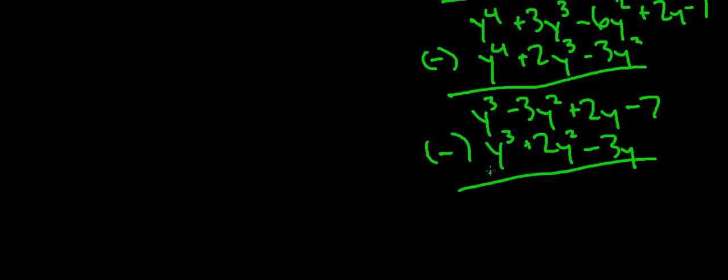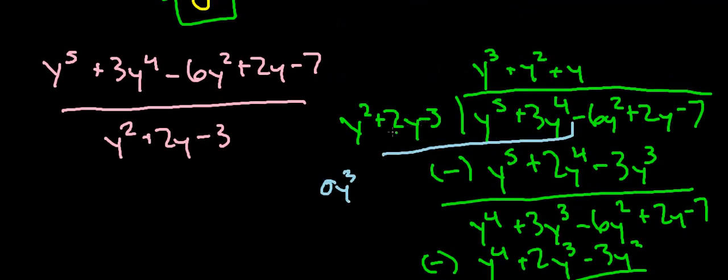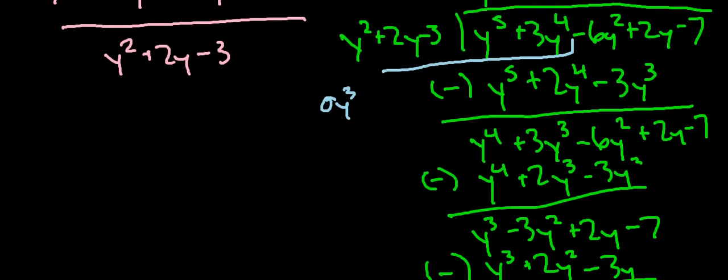Subtract these out, these cancel out, we get minus 5y squared, and then we have minus 3y, which becomes a positive. So we have positive 5y, and then a minus 7. And lastly, we have minus 5y squared. So in order for minus 5y squared, we're going to have to multiply by minus 5. We multiply minus 5 by all of these terms.